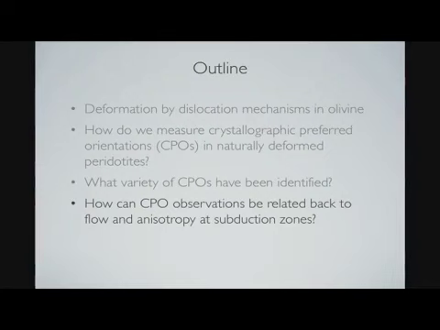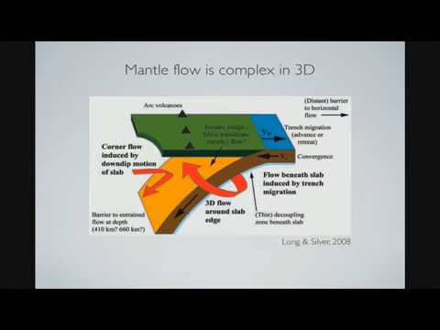And then the last thing that I'm going to show is linking this back to flow in the mantle. How do we take these observations and relate them back to flow and anisotropy in subduction zones? My reading of the literature on shear wave splitting and how to interpret these different signals is that mantle flow is complex in 3D.